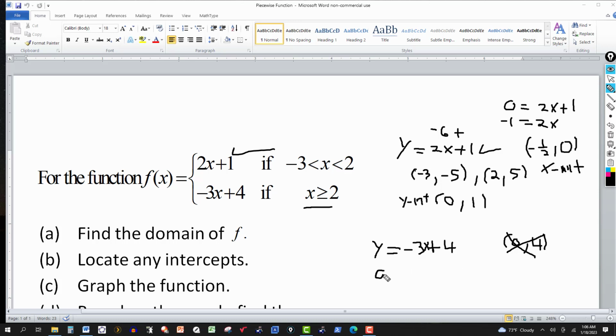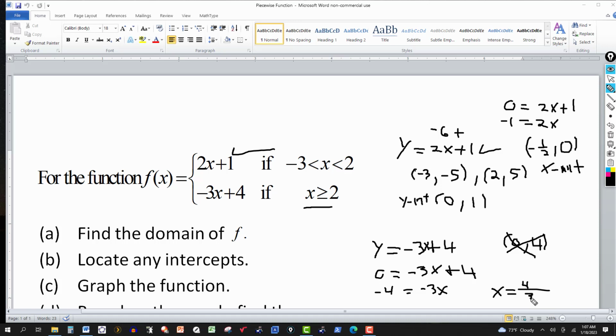Now what about the x-intercept? We let y be 0, and we solve this equation for x. Subtract 4 from both sides, divide both sides by negative 3, and x is equal to positive 4/3.